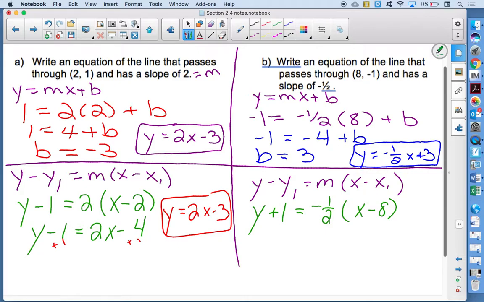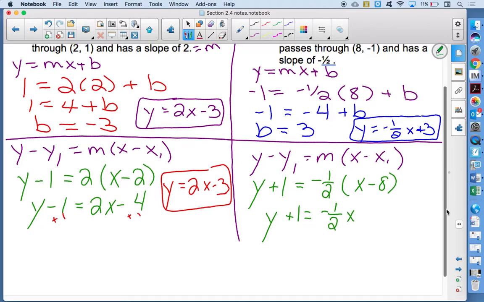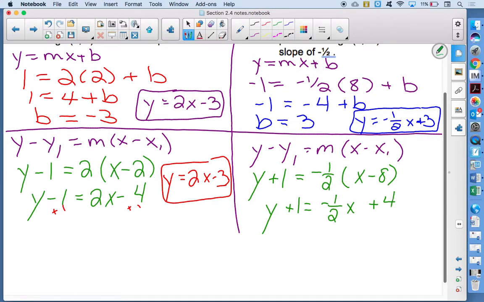There's a negative in the problem, and there was a negative 1 in my ordered pair, so that becomes a y + 1. Again, you're going to distribute to simplify, so we get -1/2 x, and then -1/2 and -8 make a positive 4. To get the 1 to the other side, we're going to subtract 1, and we end up with -1/2 x. 4 minus 1 makes a positive 3.